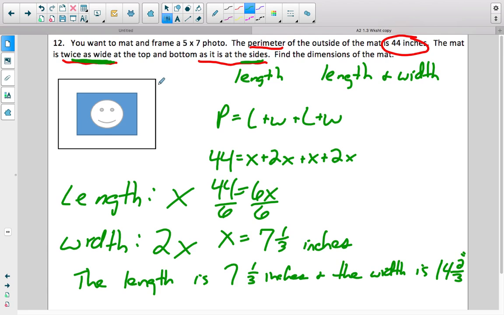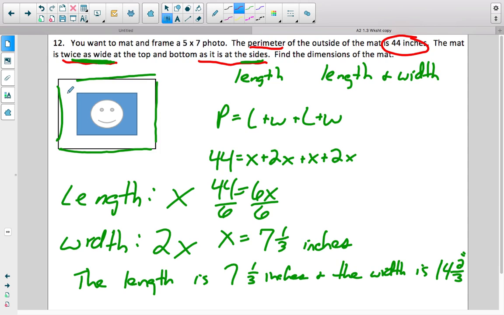If this is 7 1/3 and this is 14 2/3, when you add that together, you get 21, and you add the fractions, you get a whole inch. So you get 22. So if that green part's 22, and this red part would be the same thing, that's going to also make a 22. 22 and 22 is 44.